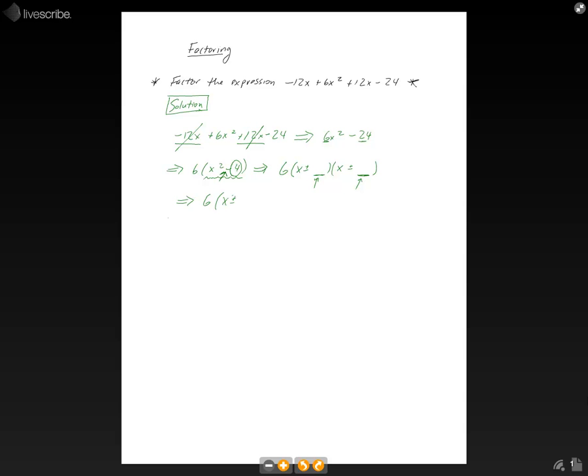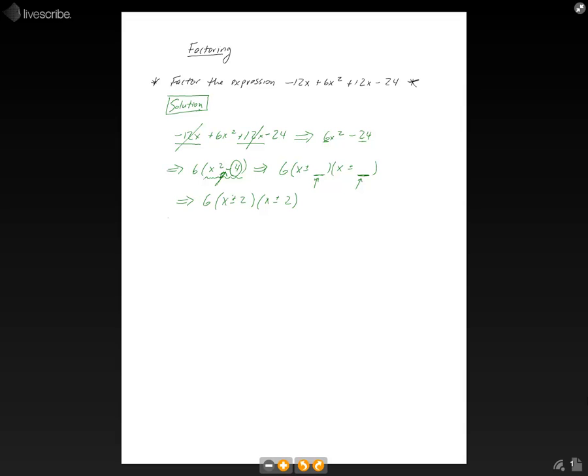The first one I would try is 2 and 2, because 2 times 2 is 4, right? Well, that's fairly easy. Now all we need to do is determine which of these signs is correct.